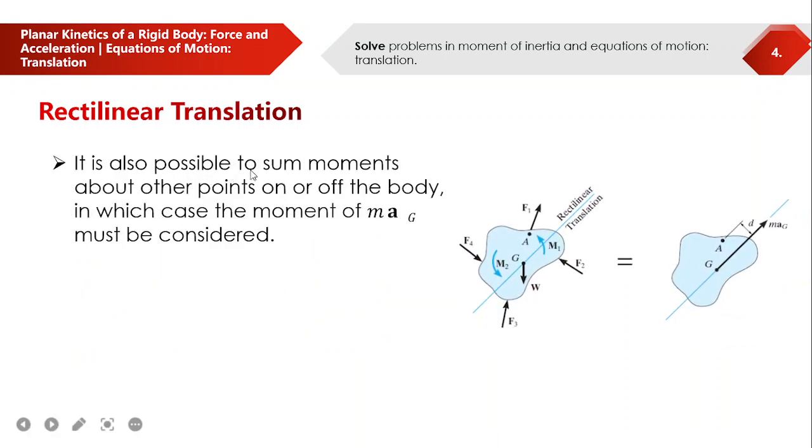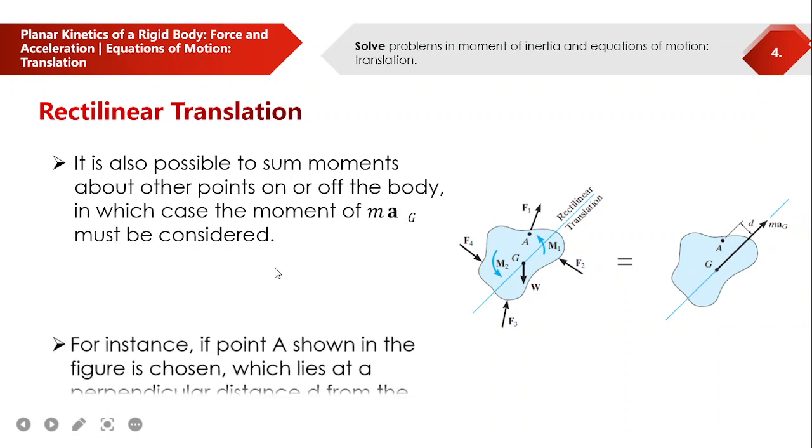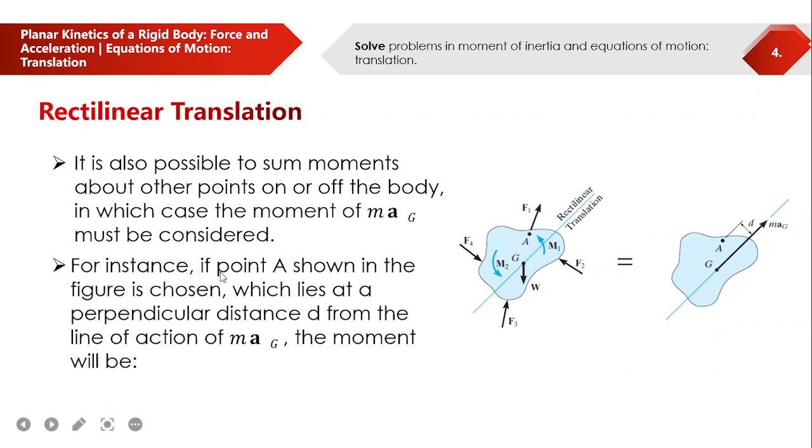Now, it is also possible to sum moments about other points on or off the body, in which case the moment of m times a sub G must be considered. Okay? For instance, if a point P shown in the figure is chosen, which lies at a perpendicular distance d from the line of action of m times a sub G, the moment will be this one.